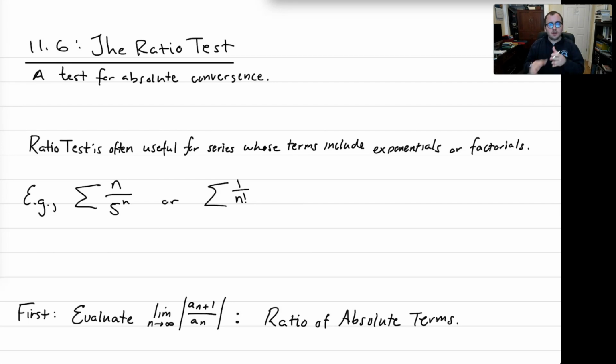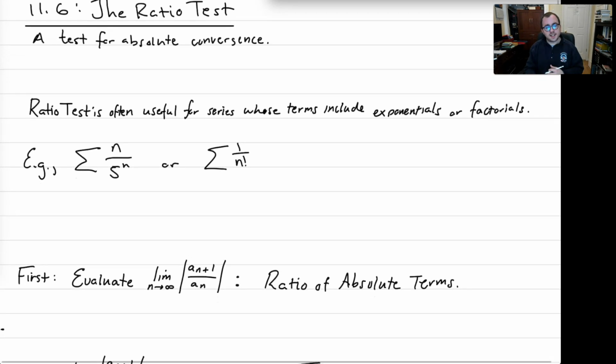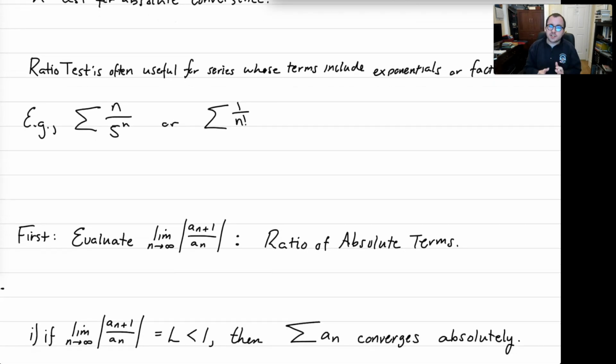When you evaluate this limit, again, if it exists, it doesn't have to, it could be infinite, you're going to fall into one of three cases. The first case is, as I said, you get a fractional limit. The limit of the ratios is less than 1, meaning the numerator is smaller, meaning as n goes to infinity, the terms are going to be getting smaller and smaller.